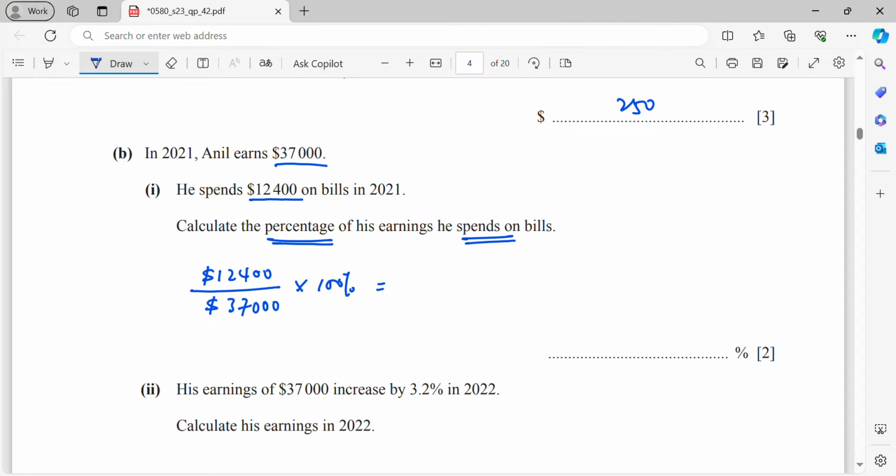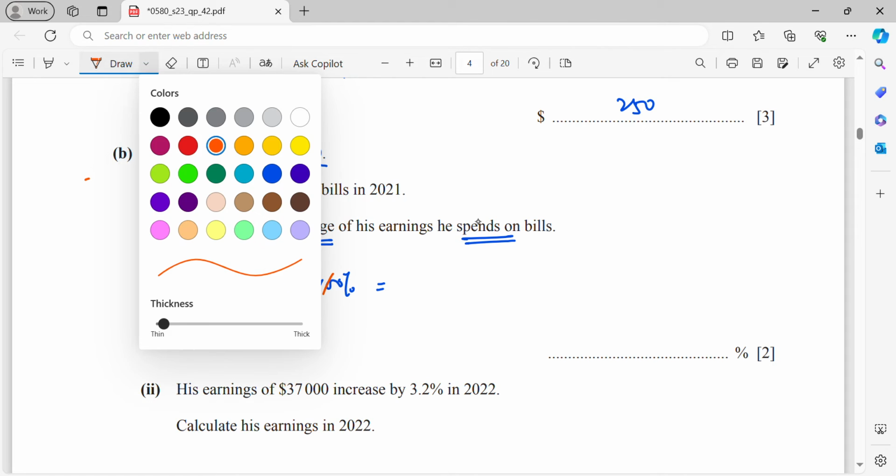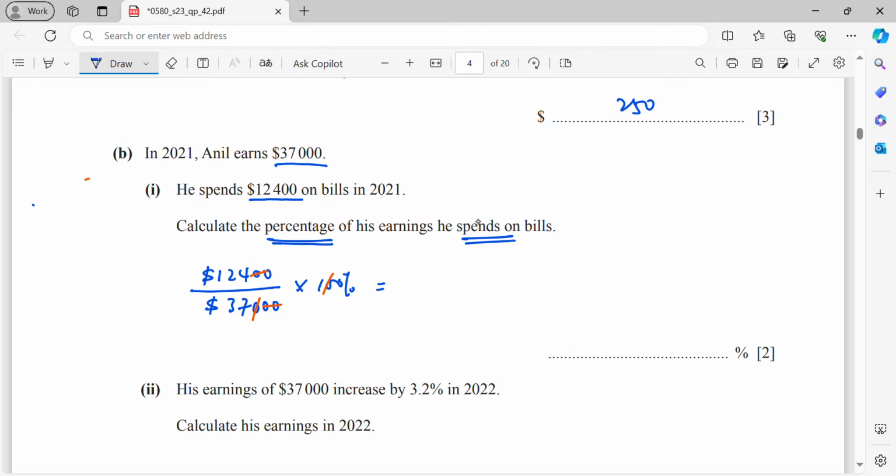Then from here you can just simplify, cancel the 0, here cancel the 0. Then now from here you will be getting 33.5%. So that is my solution.